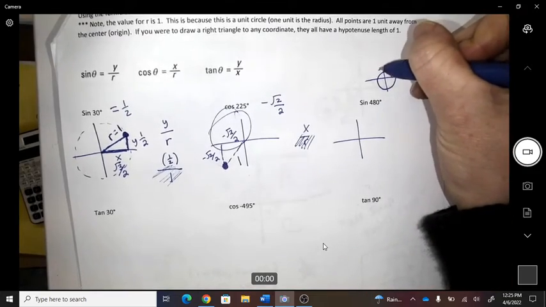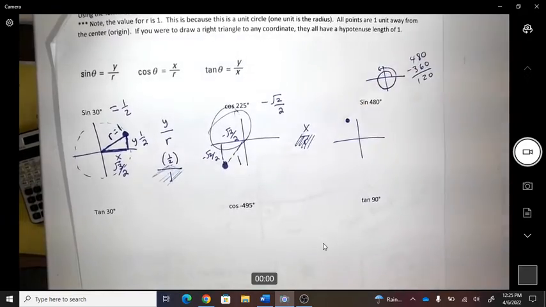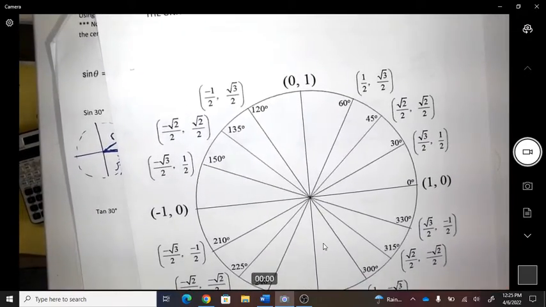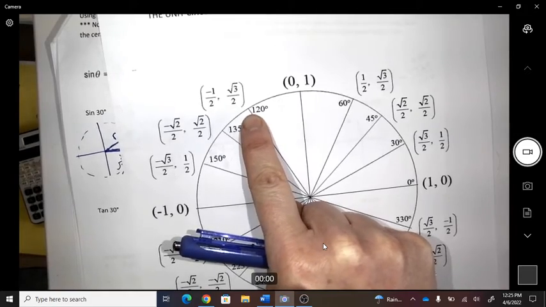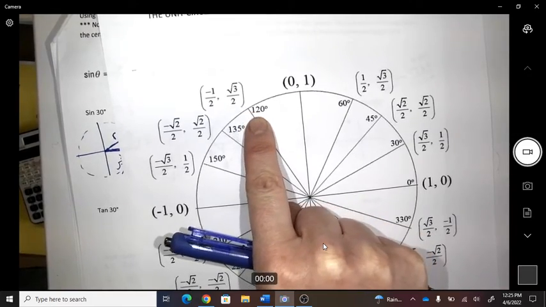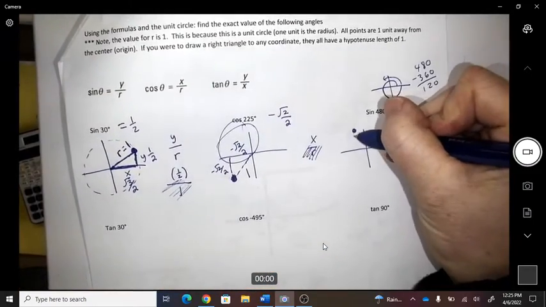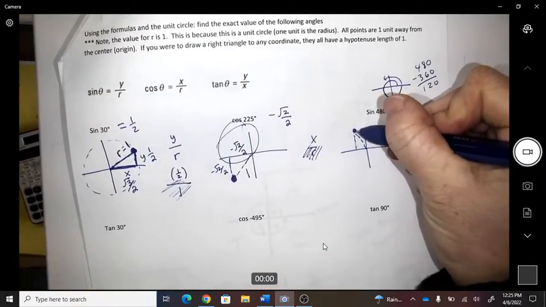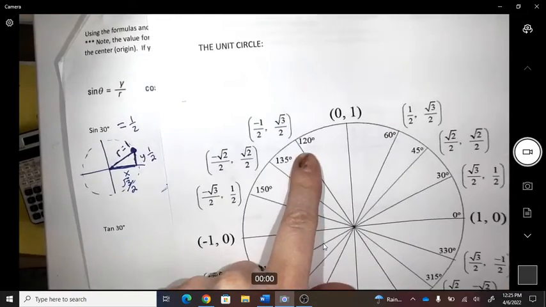So this is what I'm doing. 120, I'm up here. So I'm just drawing my dot in this position. Okay, so that's where I am.